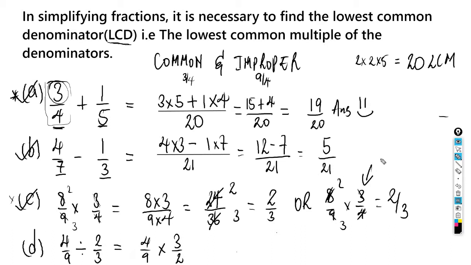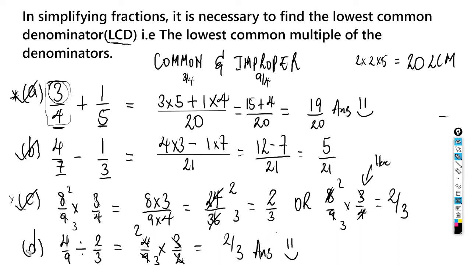And I'm going to do it this way, right? The second way here, instead of multiplying the top and the bottom. So I'm going to cancel this 2 into this 4, and I'm going to get 2. And I'm going to cancel this 3 into this 9, and I'm going to get 3. So it's going to be 2 over 3 is the answer. Okay. All right, guys.